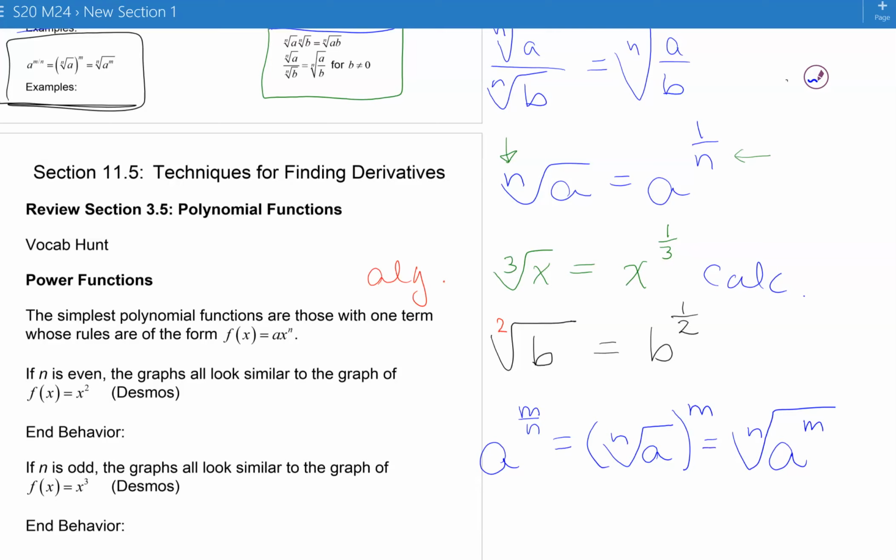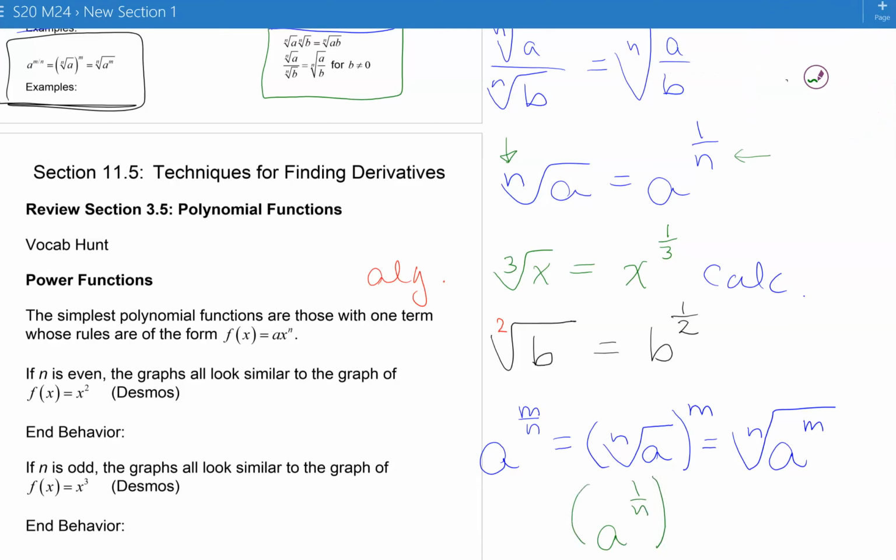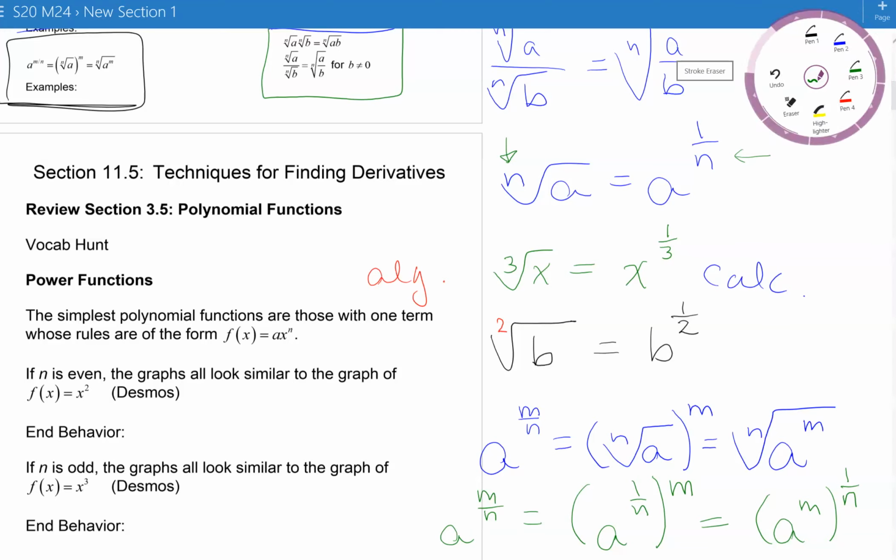So what this says to me is the order of taking the root or taking to the power, it doesn't matter which order you do those in. So if we think about what this would look like written in fraction exponents, I think it becomes even clearer why you can do this in either order. Because this is the powers to powers rule that says you multiply the exponents, and either way, when you multiply, you're going to get m over n. So this and the negative exponent rule get used together a lot for us. So you're going to want to practice as much as you need to.